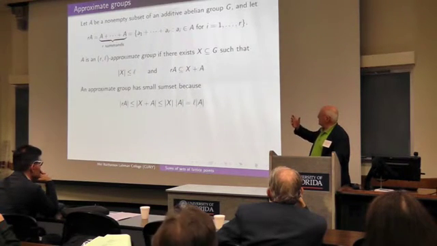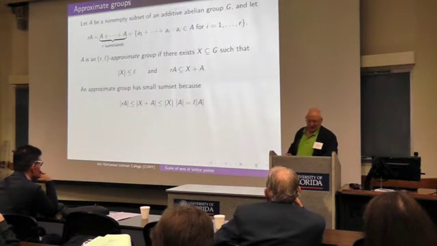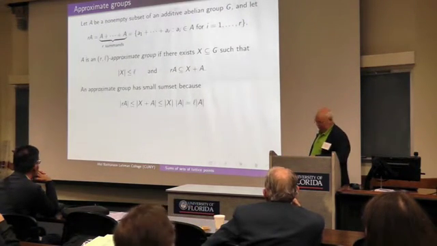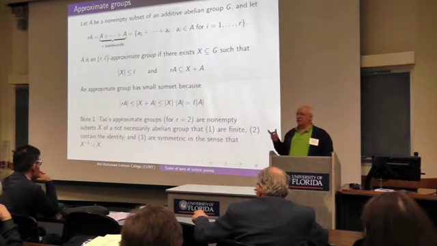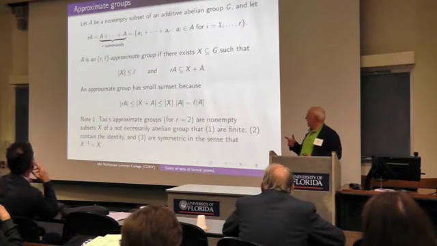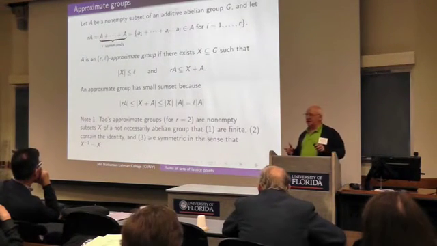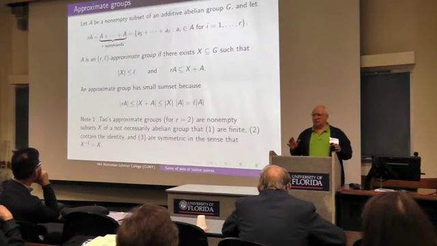And if you have such a phenomenon, the sum set really is linear in the size of the set. So this notion, I think, was introduced by Terence Tao, but he only considered R equal 2, and he only considered finite sets, and he wanted his sets to contain the identity and to be symmetric in some sense, none of which is all too complicated for me.